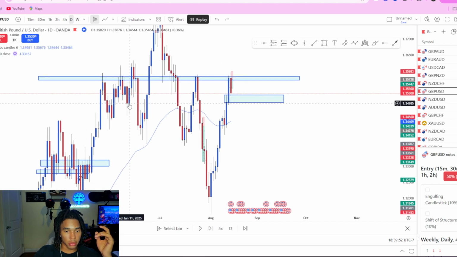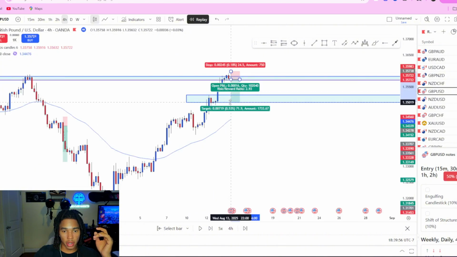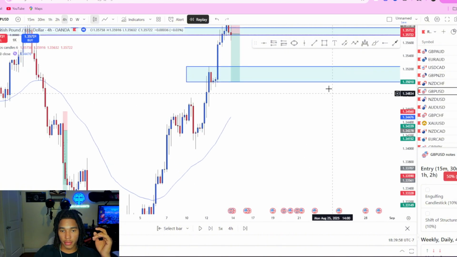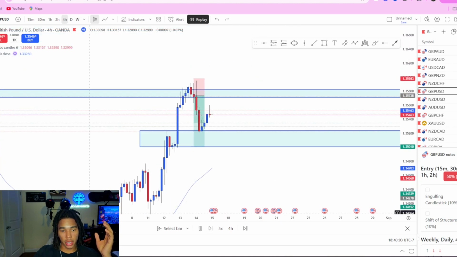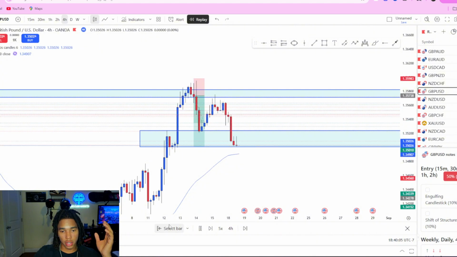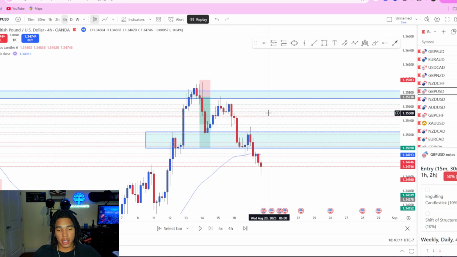Probably at this structure point right here. Okay. Should probably be like right here. Then into the trade, let it play out. And boom. We hit our take profit.